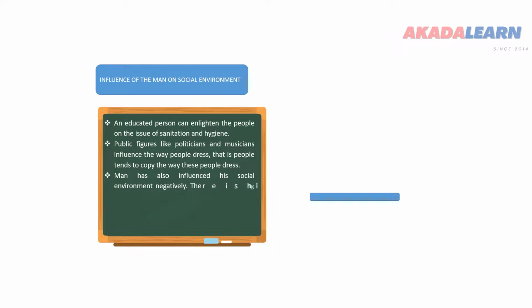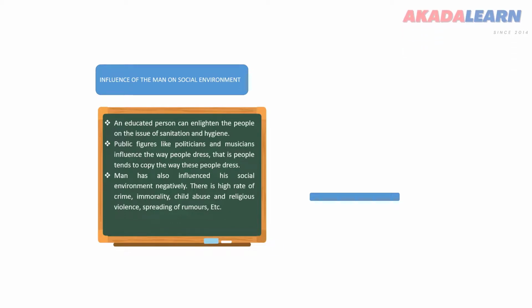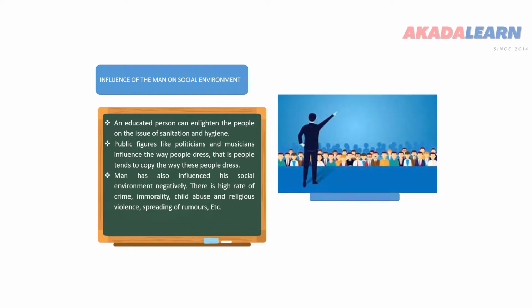Public figures such as politicians, musicians can influence the way people dress, positively or negatively. That is, people tend to copy the way these people dress. Man has also influenced his social environment negatively by the high rate of crime, immorality, child abuse, religious violence, spreading of rumors, and malicious affairs.